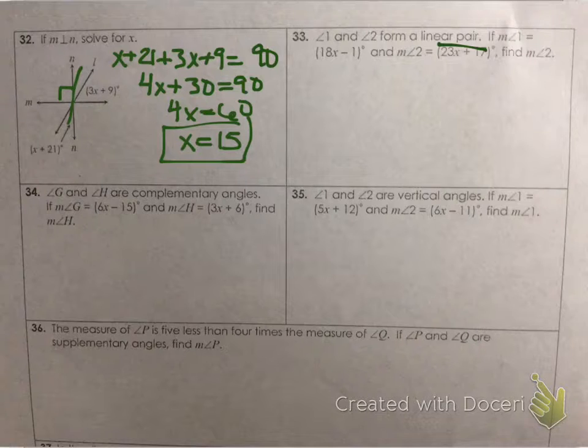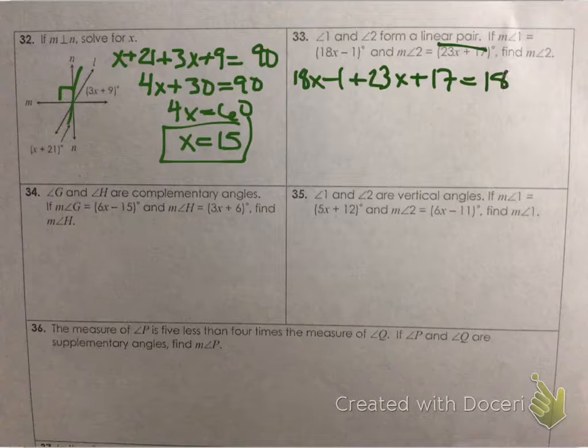Linear pair, again, means they add up to 180. So here I'm saying 18x minus 1 plus 23x plus 17 equals 180. Again, add your stuff. You have 41x plus 16 is equal to 180.